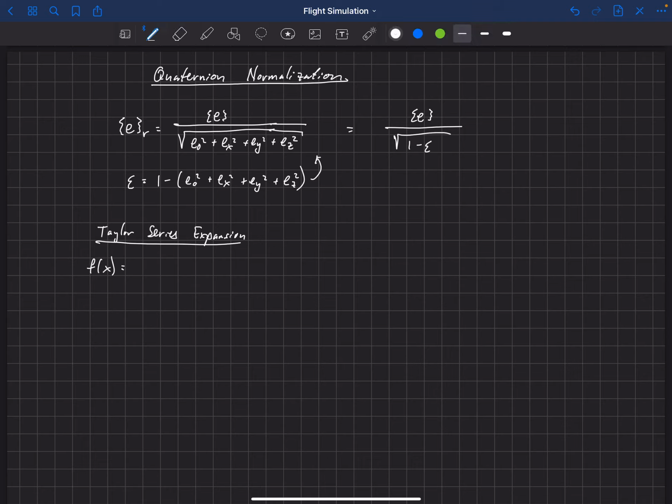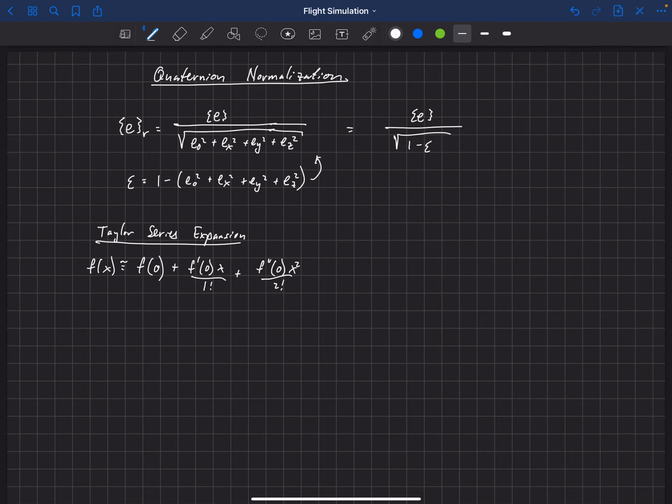So f of x is approximated by the function at 0, plus the derivative of that function evaluated at 0 times x divided by 1 factorial, plus the second derivative evaluated at 0 times x squared divided by 2 factorial.